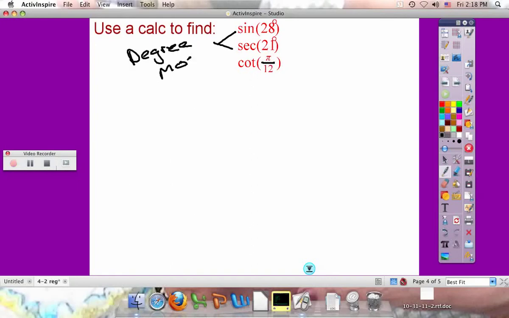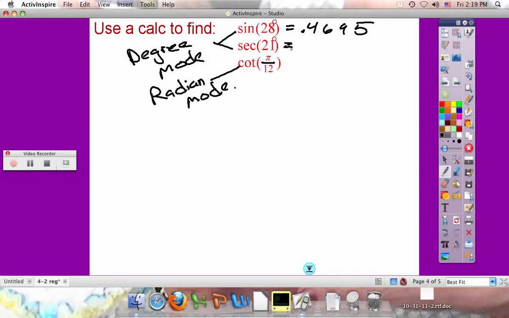Degree mode. But for this one, you have to be in radian. So using your calculator in degree mode, just simply type in sine of 28 and get an answer. 0.4695.